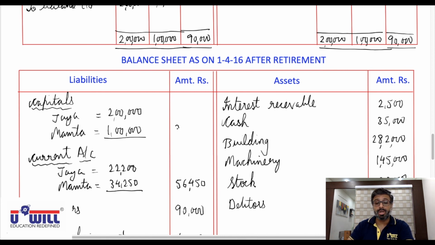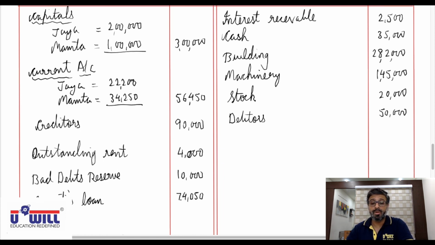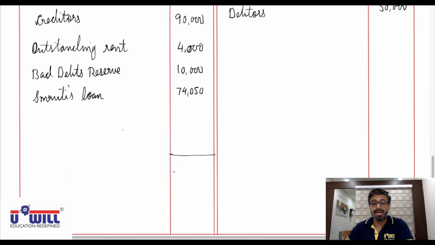Now we will do the total of the balance sheet. So 3 lakh, 390, 440, 450, 520, 524, 528, 534,500. 5,34,500, we need to verify. Does it come same on both the sides or not? All of you can do it in the calculator on your own.